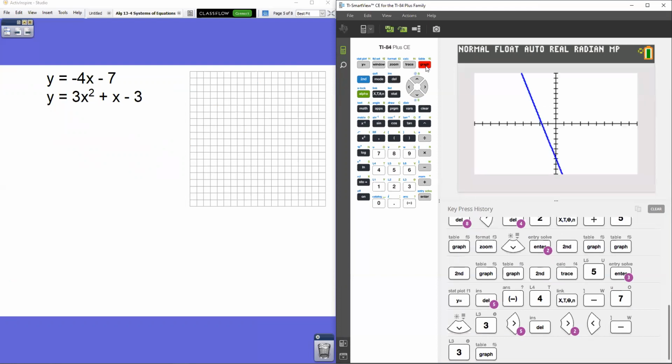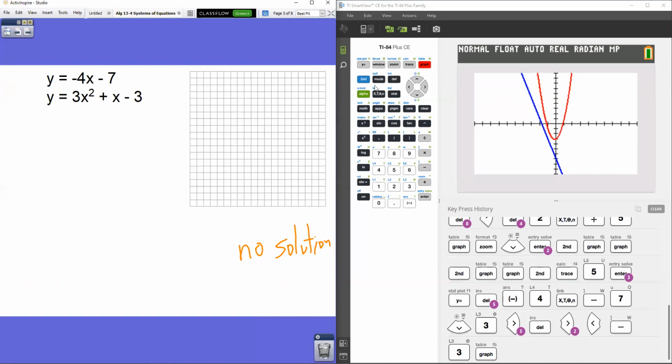And we hit graph. Notice that these two do not cross at all. They do not touch. Therefore, I know that my answer is going to be no solution because they do not cross at all.